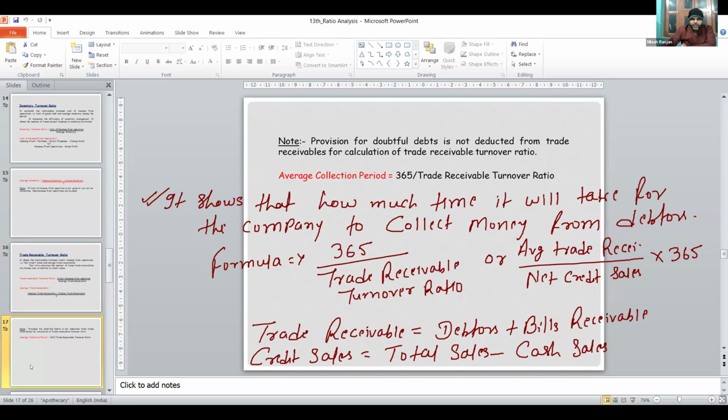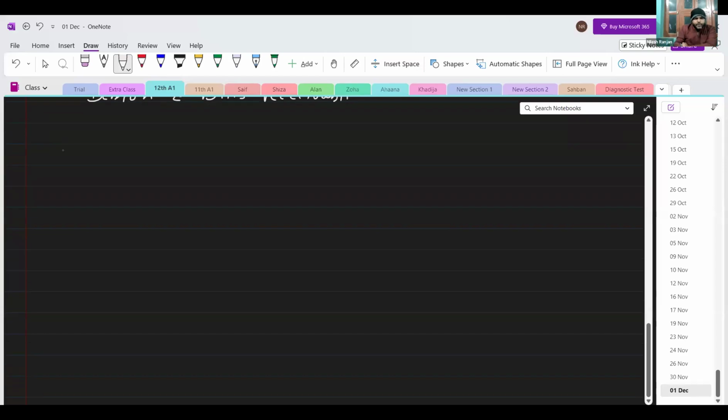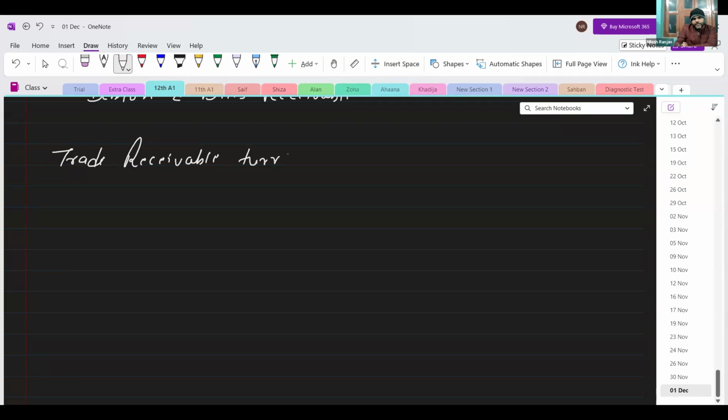Okay, so you have completed. Now I'm removing it. I have to explain and then we'll try to solve a question. First of all, when we say trade receivable turnover ratio is 5 times, it means that we are able to collect money from the debtors 5 times during the year.